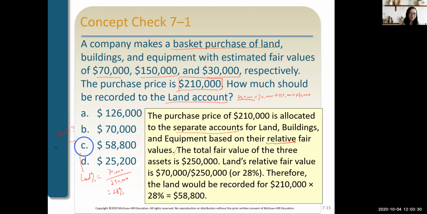So we multiply 210,000 by 28%, and it gives us 58,800. In other words, when we have a basket purchase, we always want to allocate the purchase price to individual accounts. And how do we do that? We need to use the relative fair value of each purchase and the proportion that is based on, and then multiply by the purchase price. Okay.